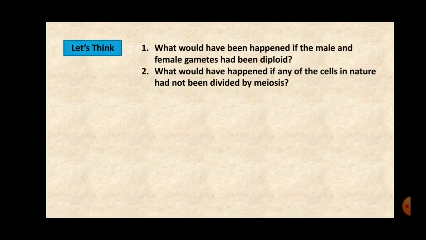The next is let's think, and it is given on page number 26 in the first half of the page. The first question is, what would have happened if the male and female gametes had been diploid? Now we had studied that in germ cells, meiosis takes place, because of which the haploid gametes are formed. Now if these male and female gametes would have been diploid, then what would have happened?